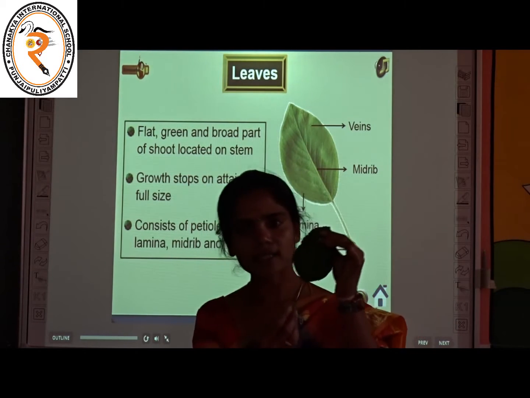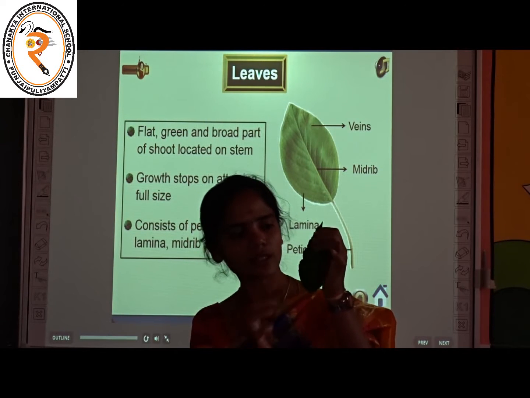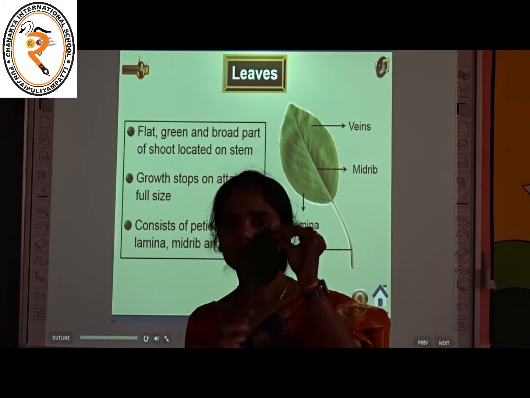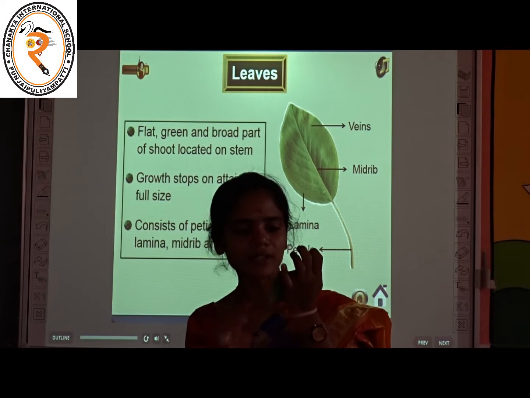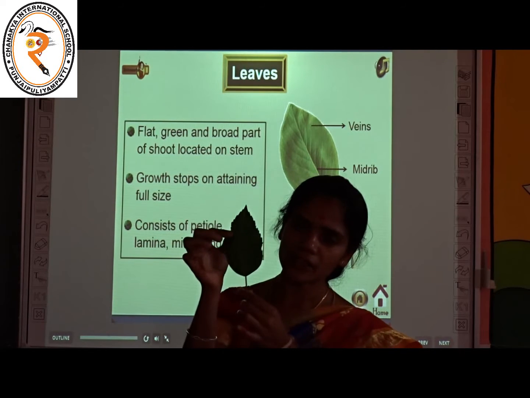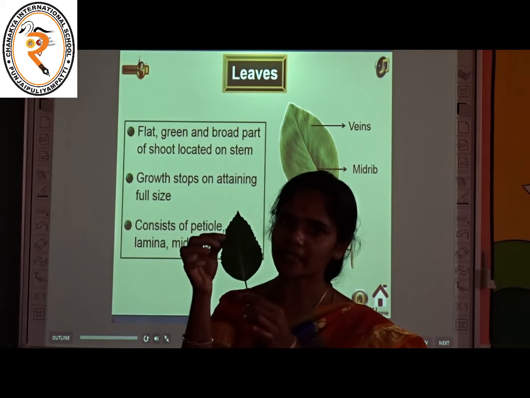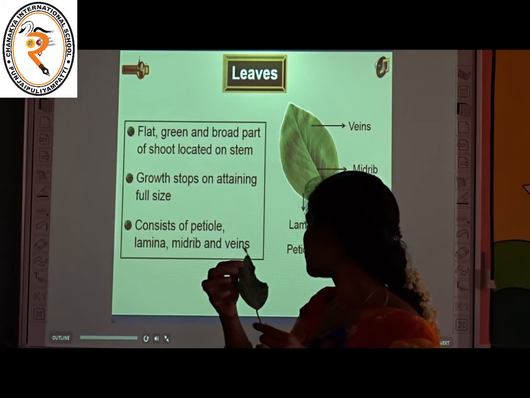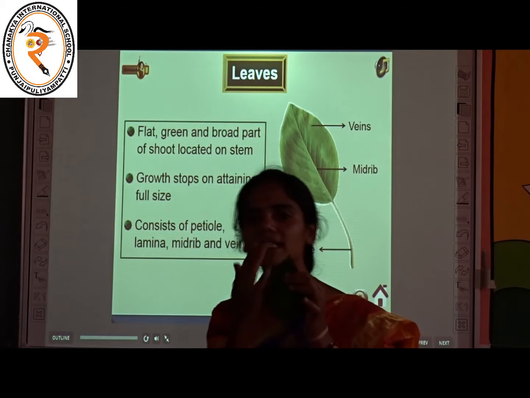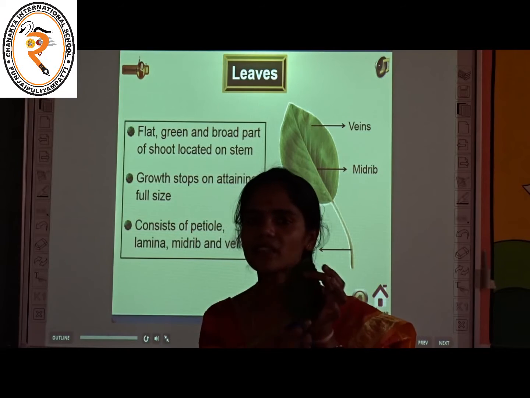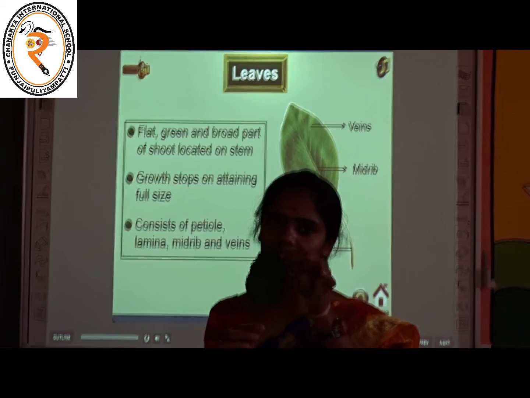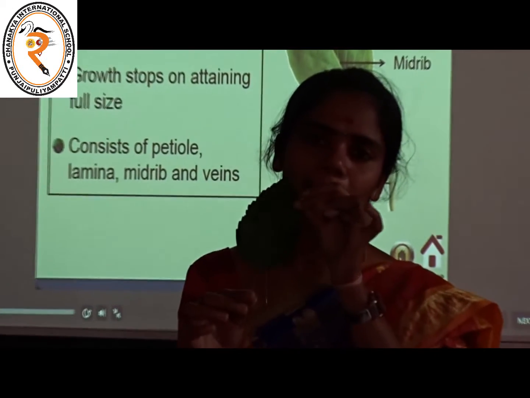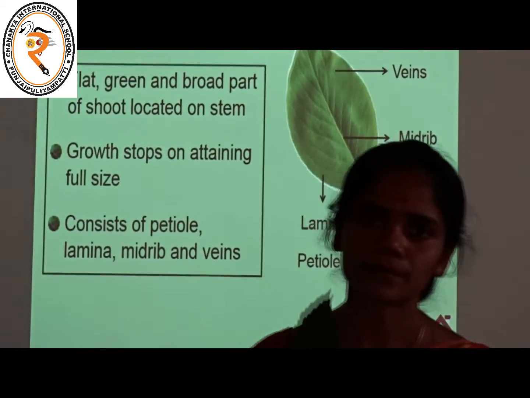In this, the last part is called the petiole. The center part is called the midrib. And the network structures found in the leaves are called veins. And what is the other part? Lamina. That is the flat green surface of the leaf. So these are all the main parts of leaves.